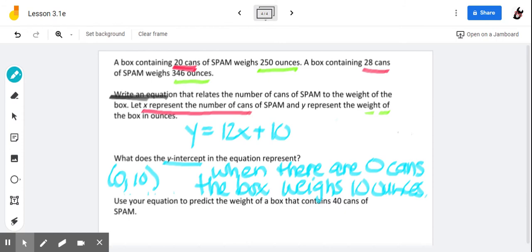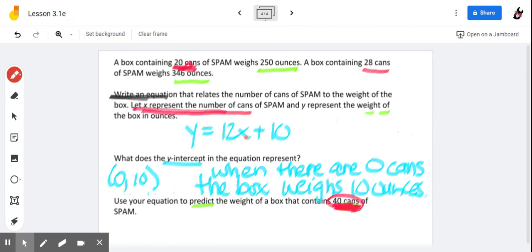The next thing this asks us to do is to predict the weight of a box that contains 40 cans. Okay, well, 40 cans, that is an X value.